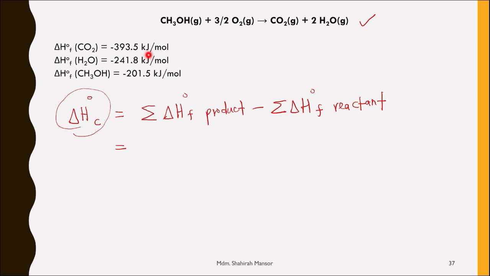But if you are asked to find an enthalpy of reaction and you are given values other than standard enthalpy of formation, then you can no longer use the summation formula. Why? Because the summation formula can only be used if we have standard enthalpy of formation for all products and reactants in our question. Formation only.